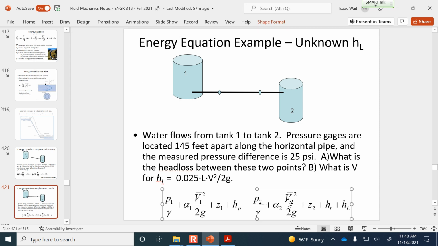All right, so we start off with the energy equation, and how to solve for HL is by substituting in all of the information we have at location 1 and location 2 into the energy equation.